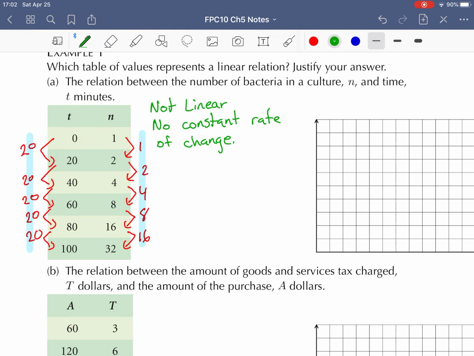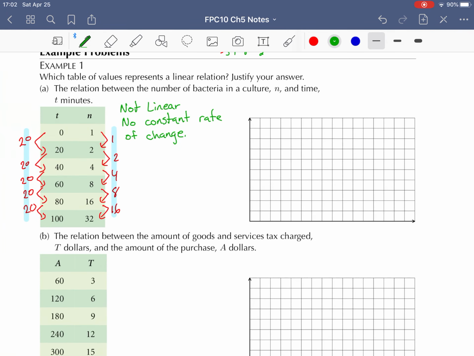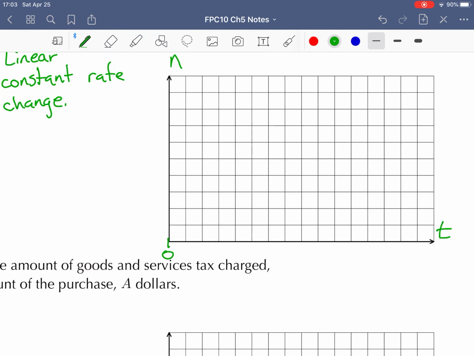Now let's graph this one to see how it looks, because we need to practice graphing. Our horizontal axis is our time. Our vertical axis is our number of bacteria. Our horizontal axis, we need to go up. We start at 0. And now I just put easy numbers in.